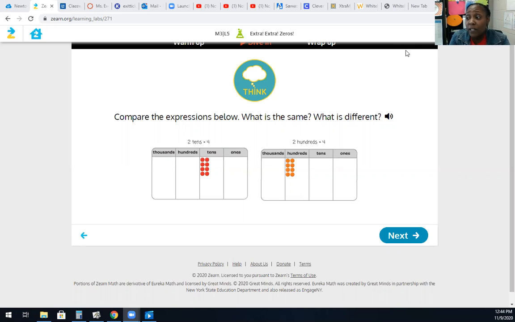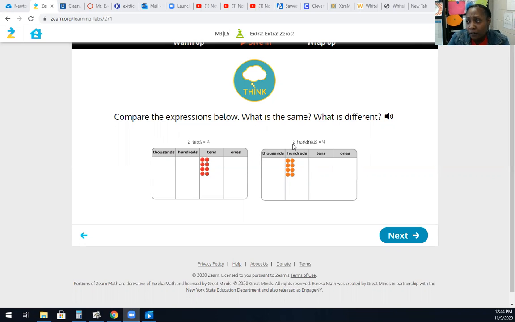We were doing lesson 5, so we're going to finish. So you can see my screen. It says, compare the expressions below. What is the same? What is different? Let's look at them. The first one says 2 tens times 4. When I look at the other one that says 2 hundreds times 4, I can see that they both have 2 of their unit form, and they both need to be multiplied by 4.